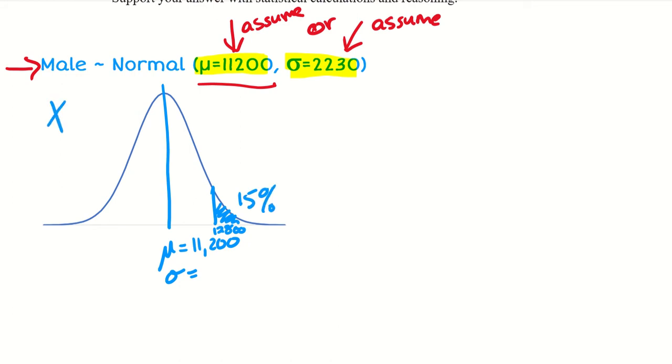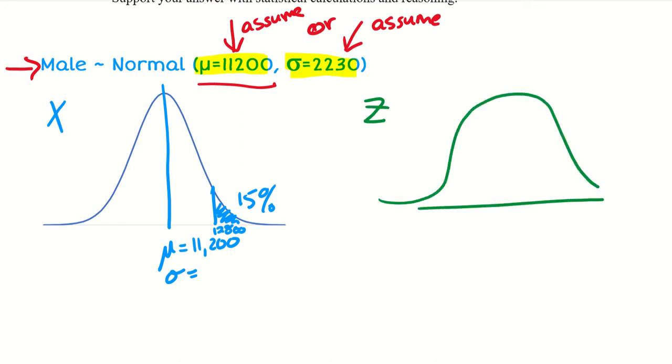So there is my X distribution. Now I'm going to match that to the equivalent Z distribution. It has a mean of 0 and a standard deviation of 1. And I'm going to find the Z value where the probability of being above it is this 15%.